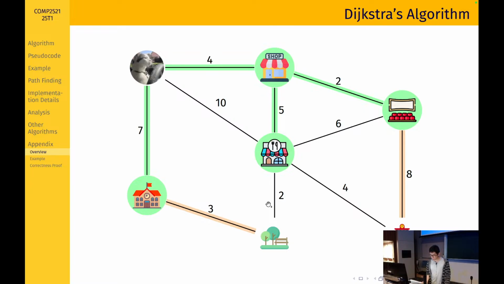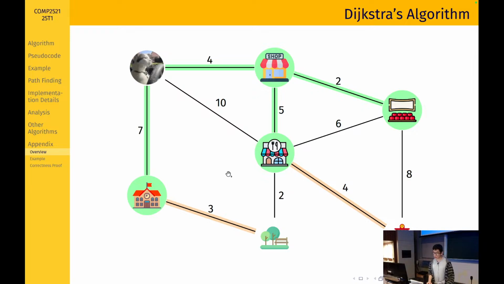Okay, and same for this edge over here. Actually, no, so this new path to the station via the diner costs 13, right? Whereas this path here costs 14. So we do update our information about the shortest path to the station.